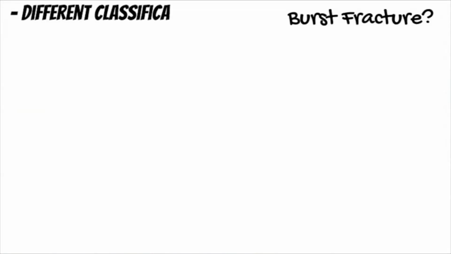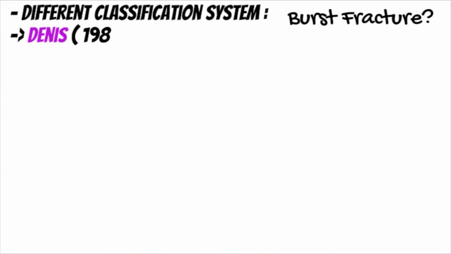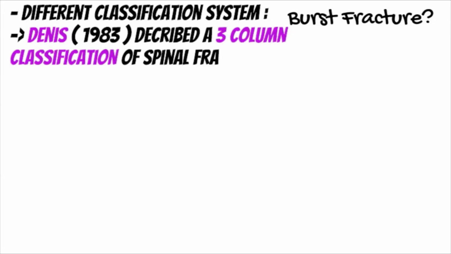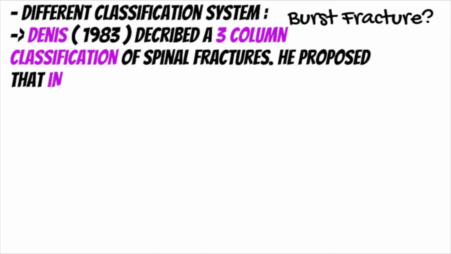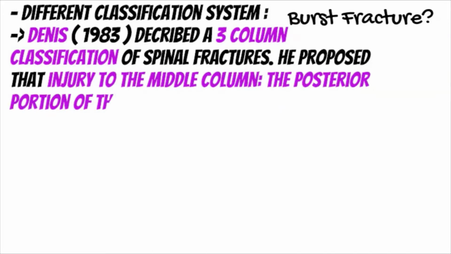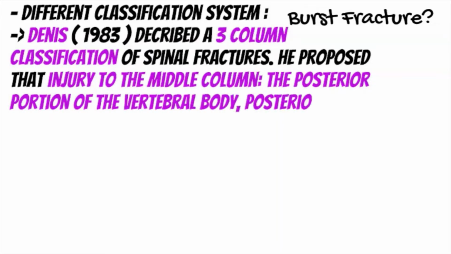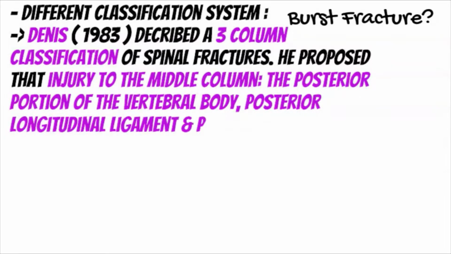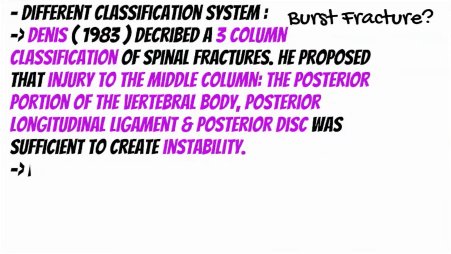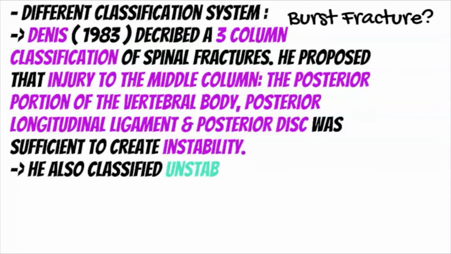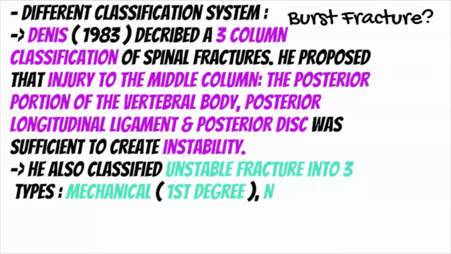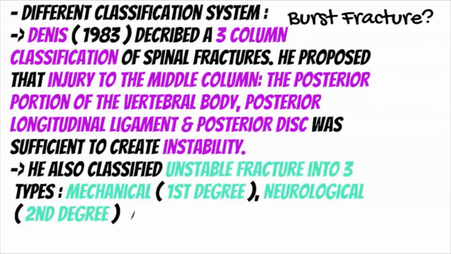There are different classification systems for burst fracture, for the thoracolumbar spine. Denis in 1983 described a three-column classification of spinal fracture. He proposed that injury to the middle column, that is the posterior portion of the vertebral body, posterior longitudinal ligament (PLL), and posterior disc, was sufficient to create instability.